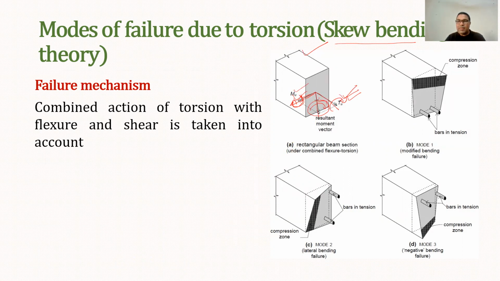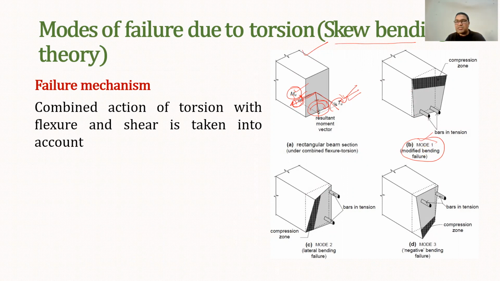Based on the magnitude and the interaction, there are basically three types of failure. One is mode 1 failure, also known as modified bending failure. This kind of failure generally occurs when the value of MU is higher or in dominance.